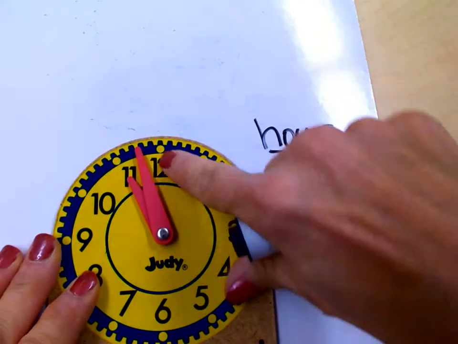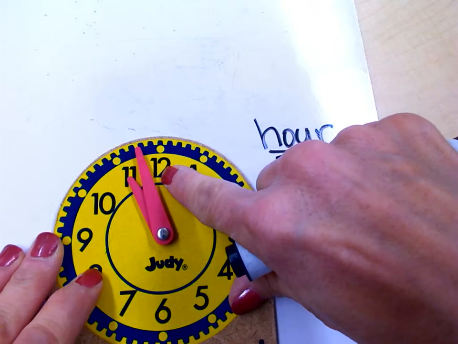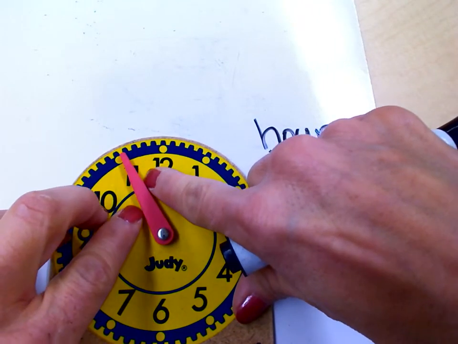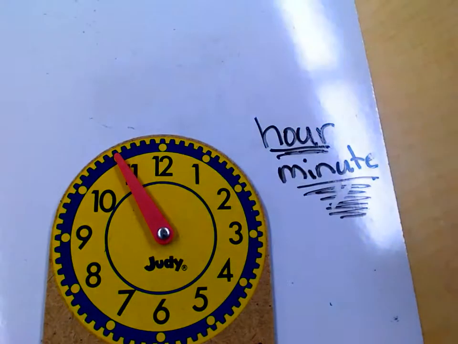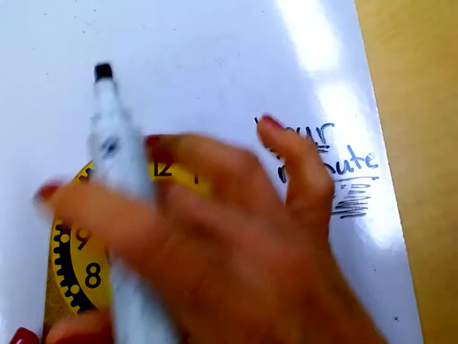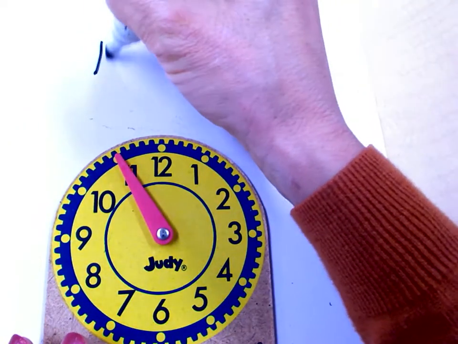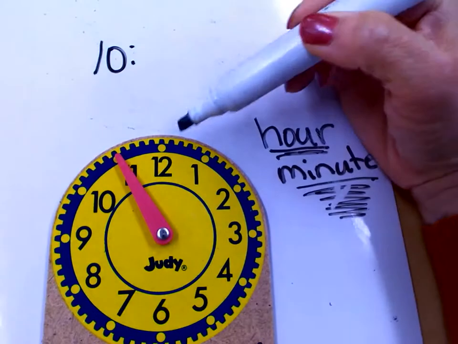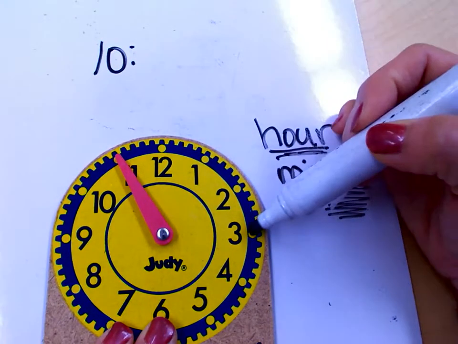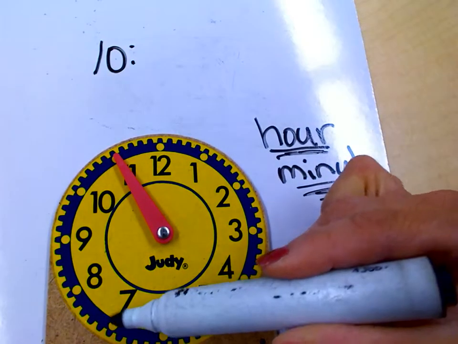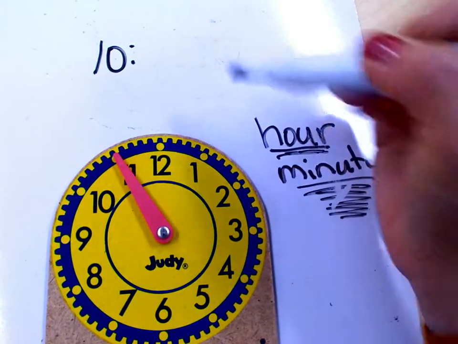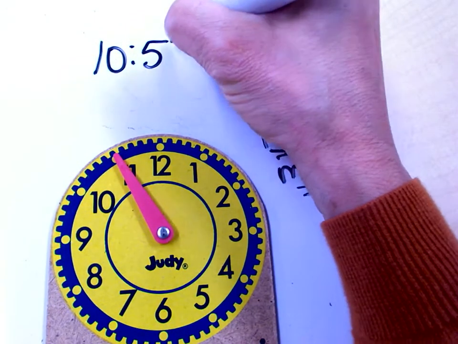And it's not yet. So we can't say that it's 11 o'clock yet. So if we were to put it right here, we would say that it is 11, no, because it's not past that o'clock, so it's 10, dot, dot, and then I'm going to count by my 5s again. 5, 10, 15, 20, 25, 30, 35, 40, 45, 50, 55 minutes.